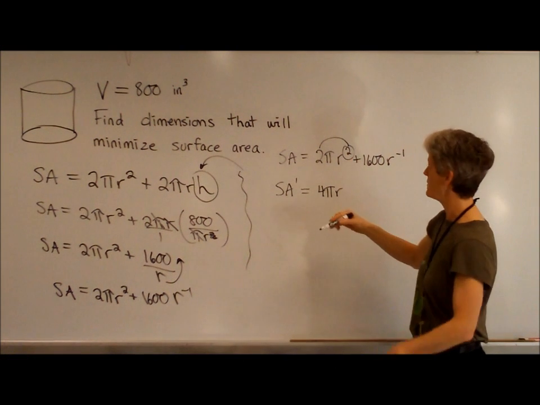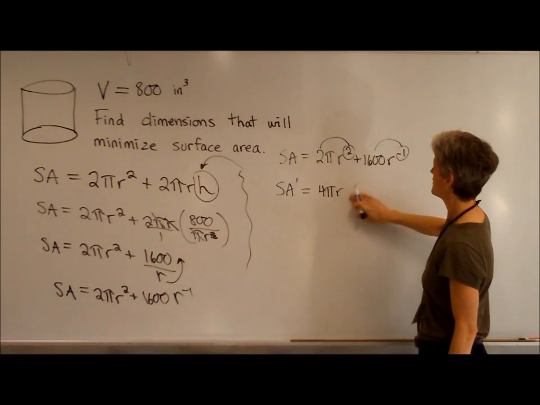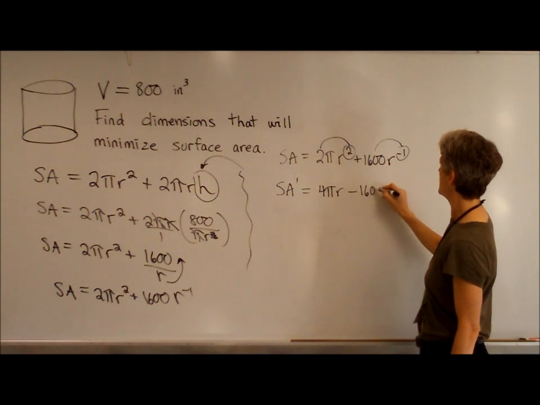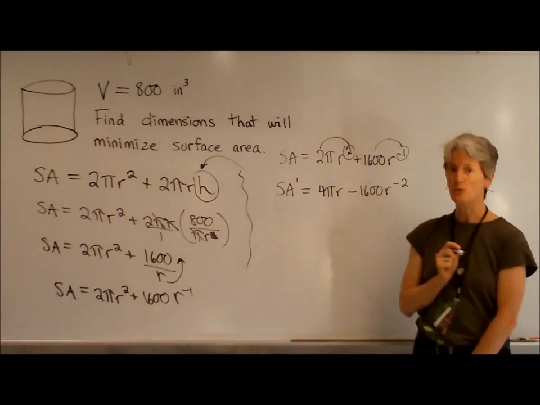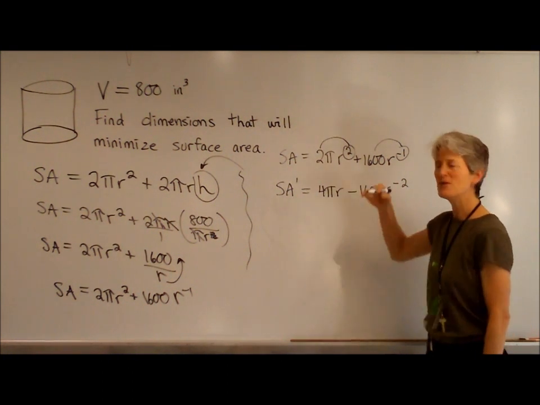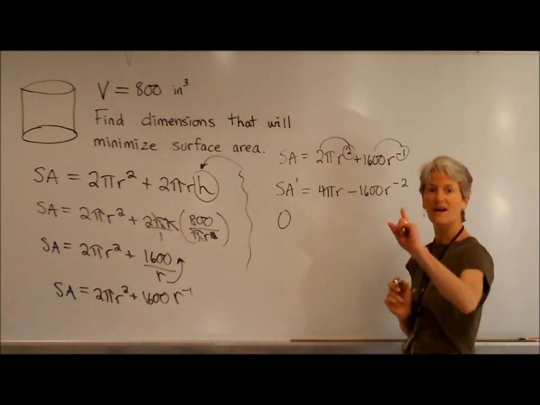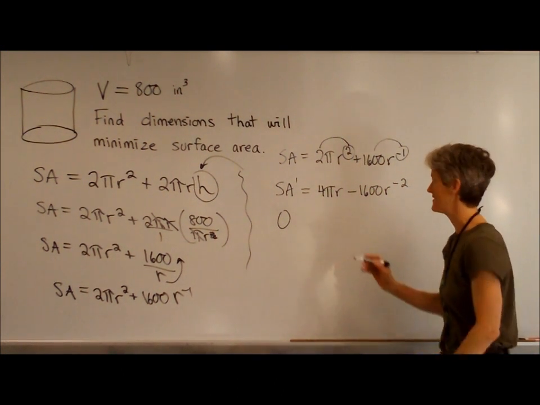Remember, pi is just a number. Negative 1 times 1600. Let's just call that minus 1600 r to the negative 2. That's my slope, my first derivative. I want to find when the slope, or the first derivative, is equal to 0, or where it's undefined.